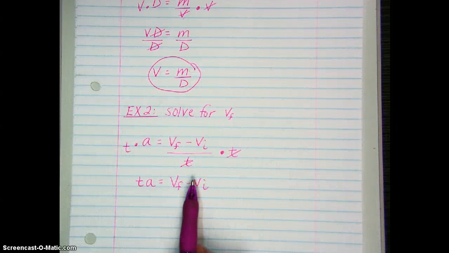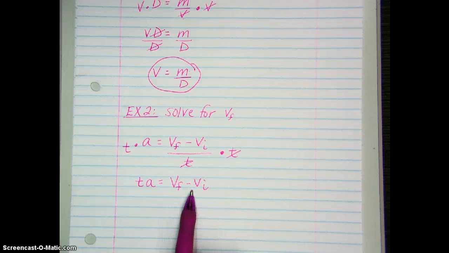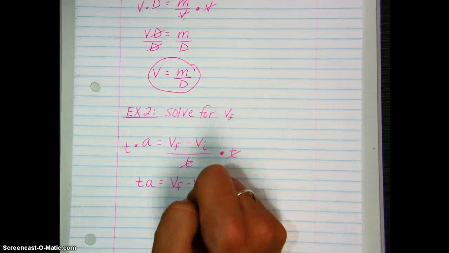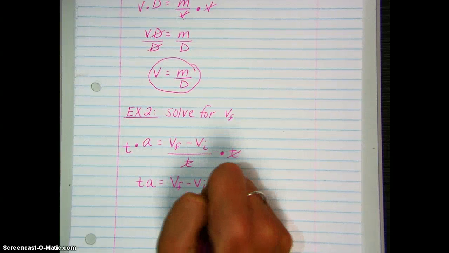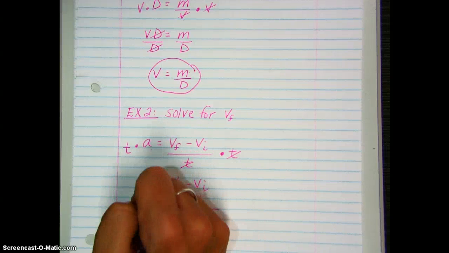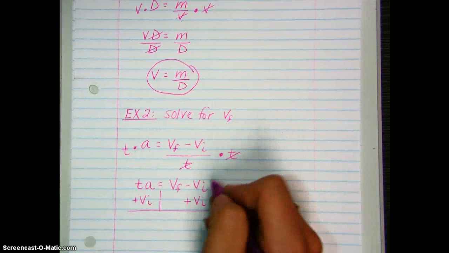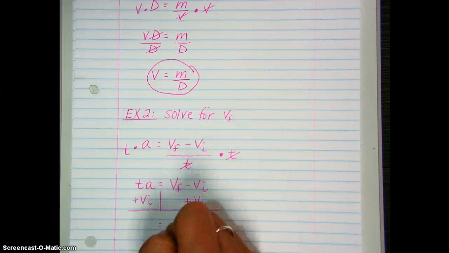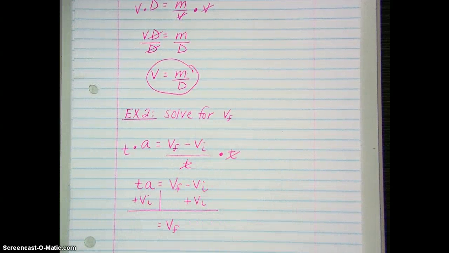So we're almost there. vi is being subtracted from vf. So to get vf by itself, we have to get rid of this negative vi. So the opposite would be to add vi. Whatever we do to one side, we got to do to the other. So these combine to 0, leaving you with just the vf all by itself, which is what we wanted.